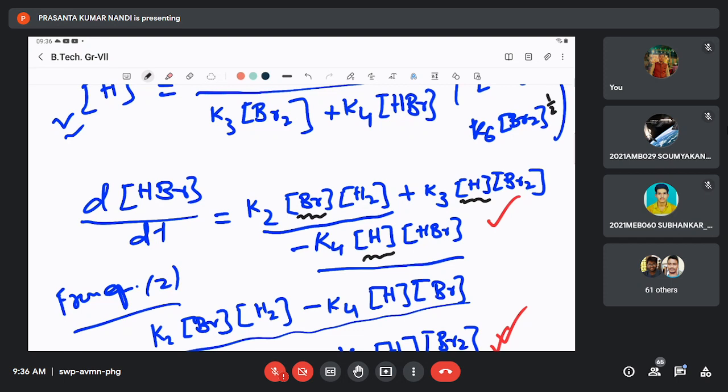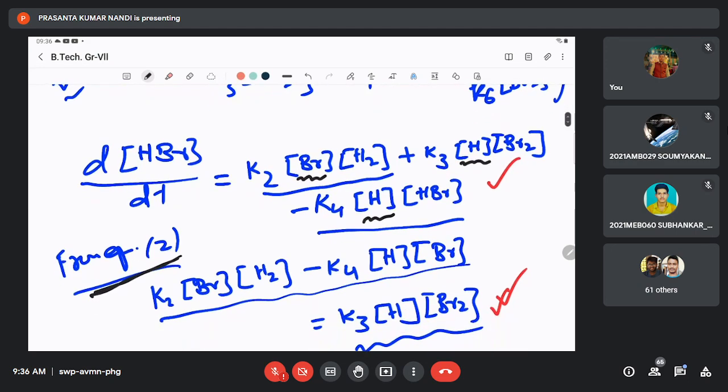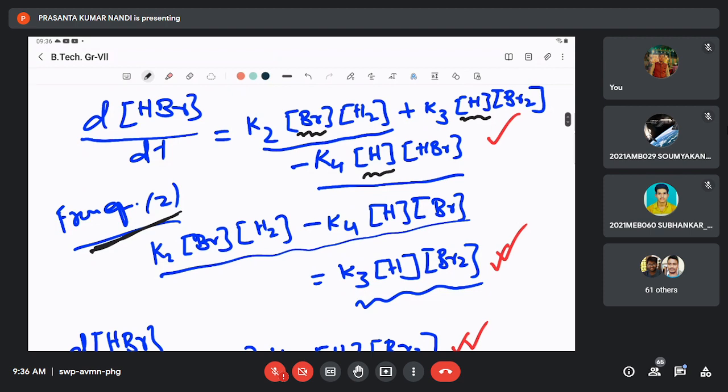But before that, again we simplify. This is very important. If you carefully look at equation 2, by simple algebraic manipulation, K2[Br][H2] minus K4[H][HBr] is equal to K3[H][Br2]. So by simple algebraic manipulation of equation 2, we get these simplified expressions.